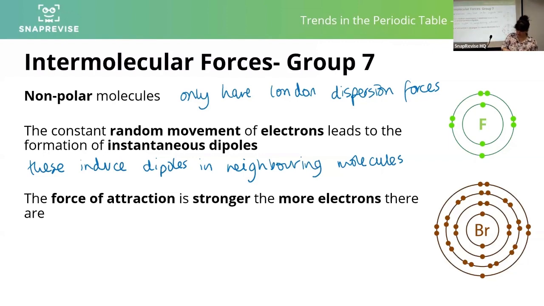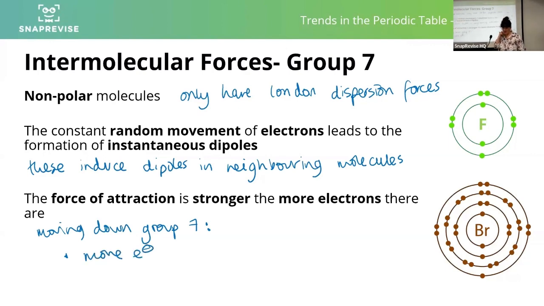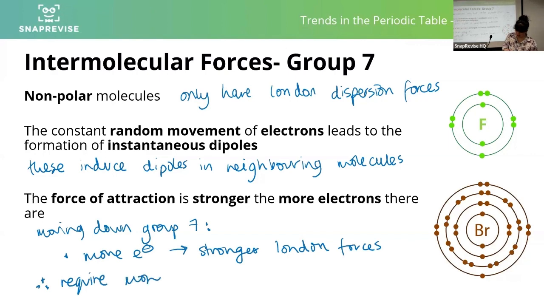So moving down group 7, what's happening? They've got more electrons. More electrons as you go down group 7, therefore stronger London forces. What does that mean? That means they therefore require more energy to overcome.